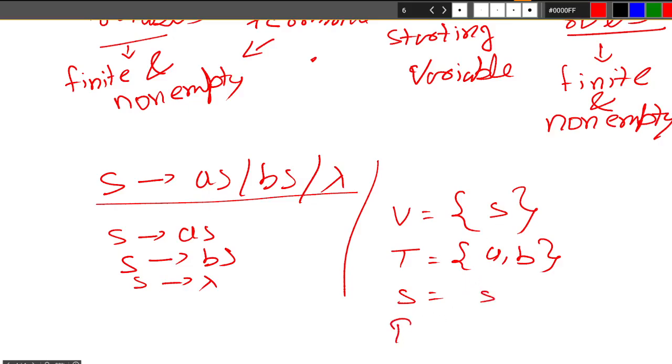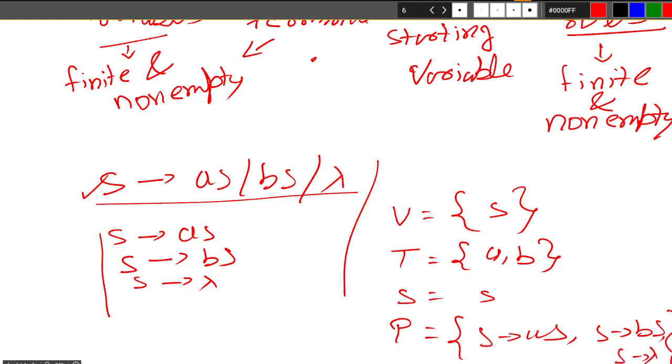And production P is the set of rules, which is S gives aS. It can be written like this only, or the three separately. If you want, you can write S gives aS, S gives bS and S gives lambda. In this way, this is one grammar.